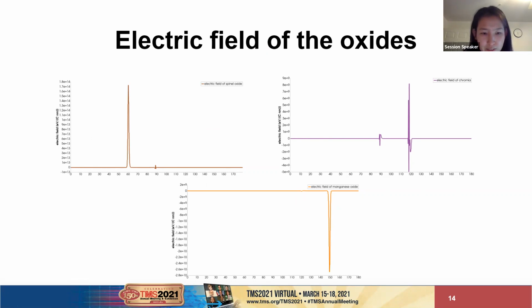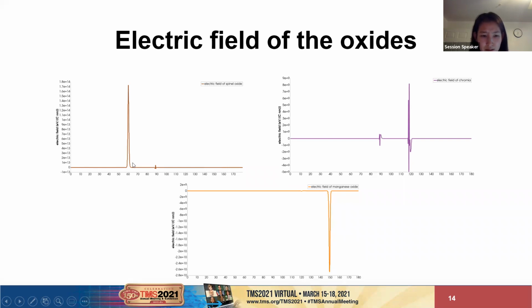Notice that these three plots are interpolated electric fields, meaning that the electric field only has meaningful values inside of the bulk oxides. There are several features that can be taken from this slide.